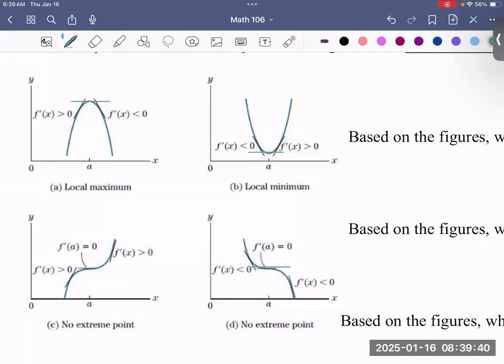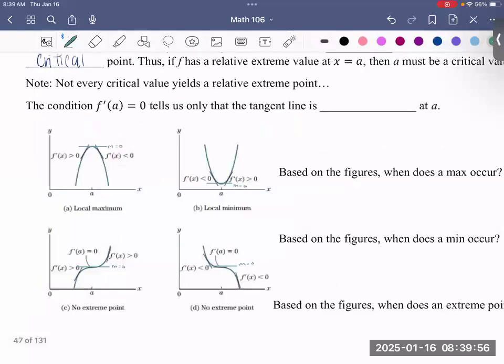In these last two, we still have horizontal lines, and they just don't happen to be at a relative max or min. This could be a neither case. The condition that the first derivative at a is equal to 0 only tells us that the tangent line is horizontal at that a.